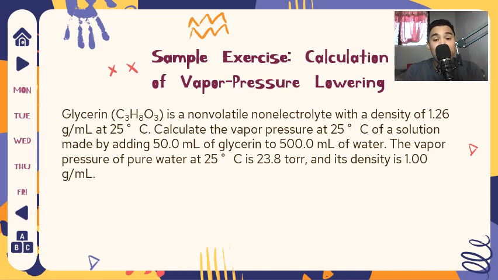Calculate the vapor pressure at 25 degrees Celsius of a solution made by adding 50 milliliters of glycerine to 500 milliliters of water. The vapor pressure of pure water at 25 degrees Celsius is 23.8 torr, which refers to the pressure, and its density is 1 gram per milliliter.